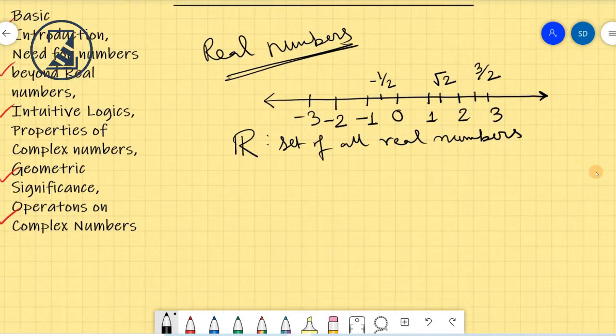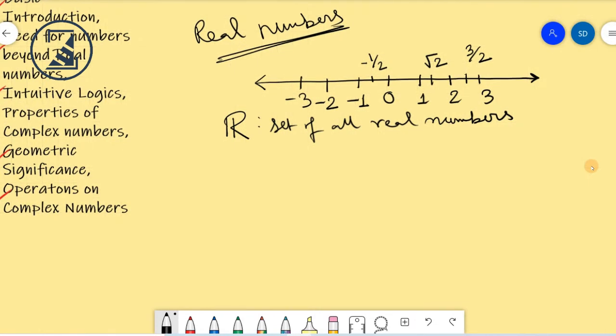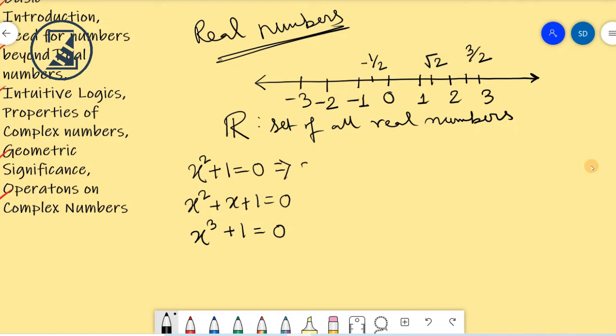To start complex numbers, I first want to talk about three equations. The first equation is x squared plus 1 equals 0. The second equation is x squared plus x plus 1 equals 0. And the third equation is x cubed plus 1 equals 0. Now let's talk about the first equation. The first equation boils down to x squared equals minus 1.